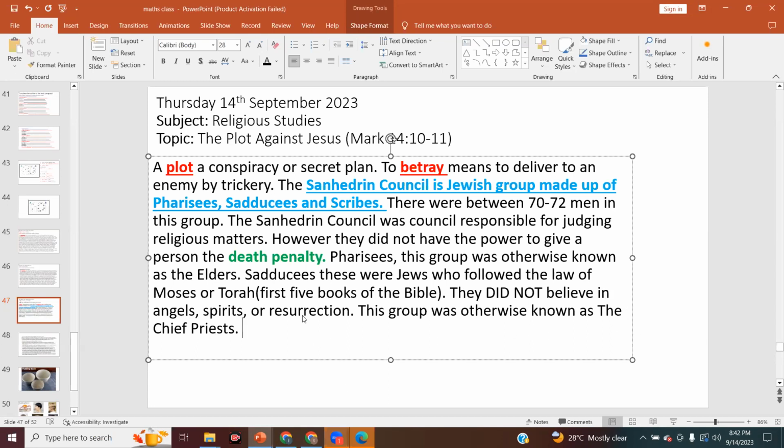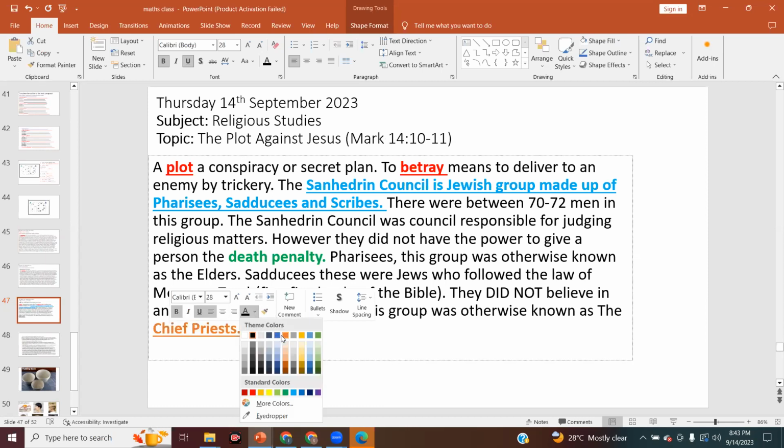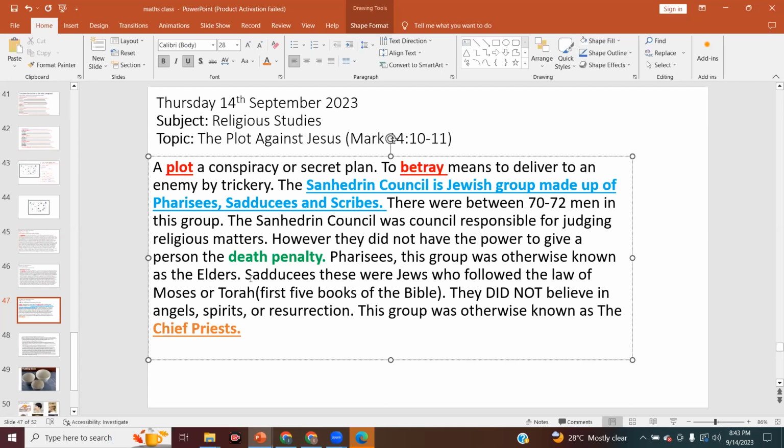So the chief priests were the Sadducees. The Pharisees were known as the elders.